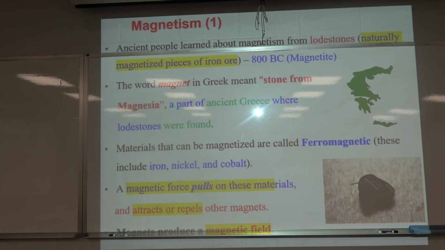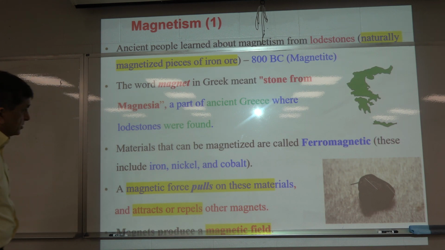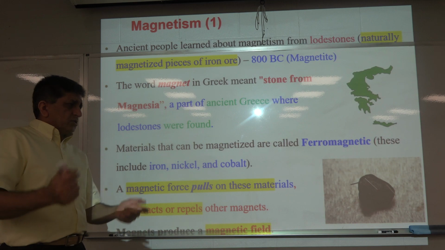Now, this is a part of ancient Greece where these lodestones or magnetites were found. The materials that can be magnetized are called ferromagnets. Those are iron, nickel, cobalt, etc. And then, what does the magnet do?